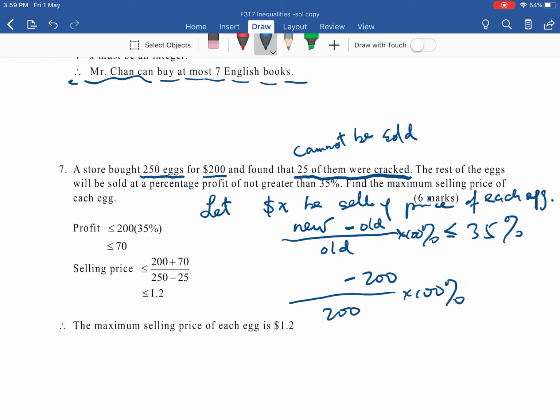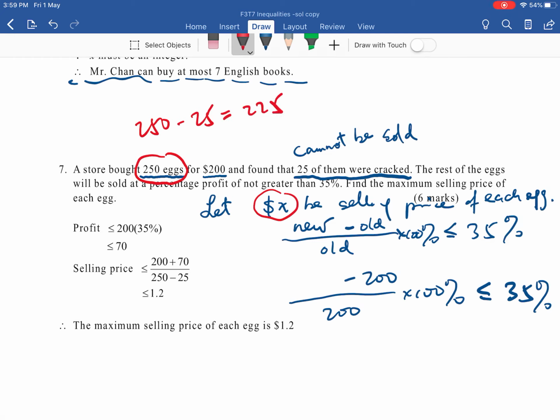This one is 200, okay? And the new value is that you're going to sell at X dollars each, but you cannot sell all 250. Because 25 are cracked, you sell 225. Okay, X dollars times 225.